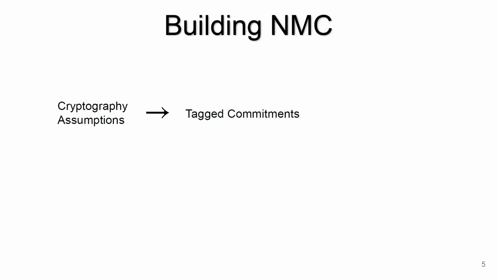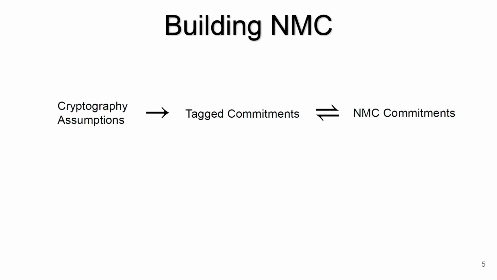So how do we build these non-malleable commitments in this non-interactive world? We start with any set of favorite cryptographic assumptions that you might have, and we build an intermediate primitive, which I'll call tag commitments. All these prior works follow this template: they first build this intermediate primitive, tag commitments, which captures most of the flavor of non-malleability.